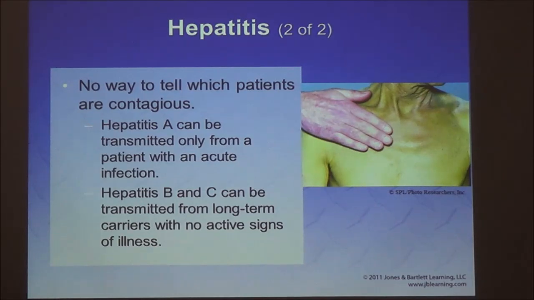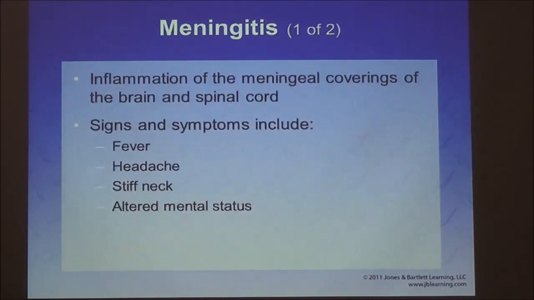But just note that these are diseases that are bloodborne in nature. But hepatitis can stay active in dry blood for up to 7 days in some cases. So, unlike HIV, if you have blood on your ambulance, it's possible that it's infected with hepatitis, even though it's dried and has been there for a couple of days.